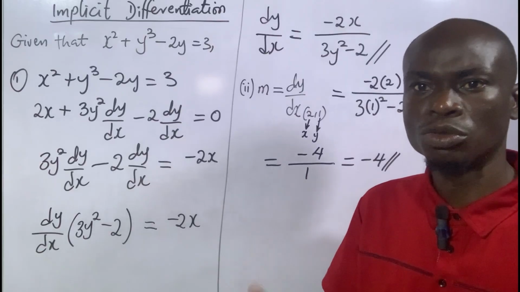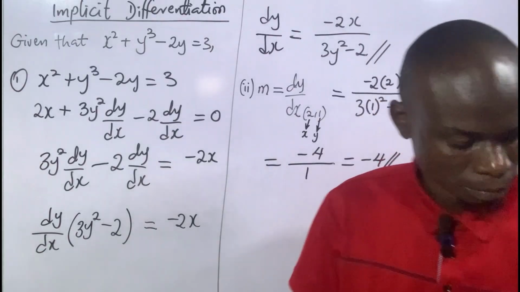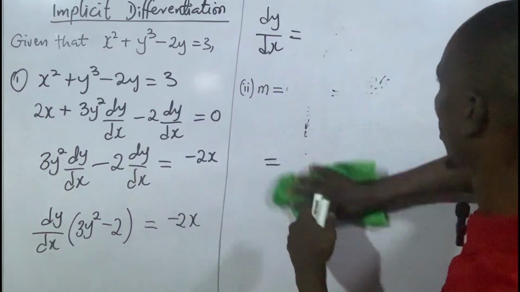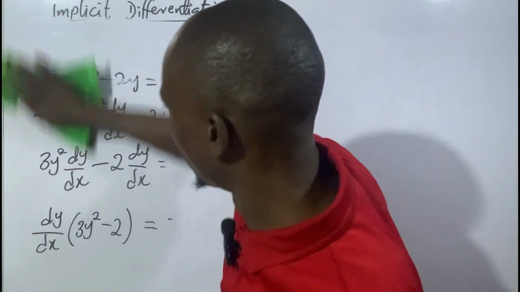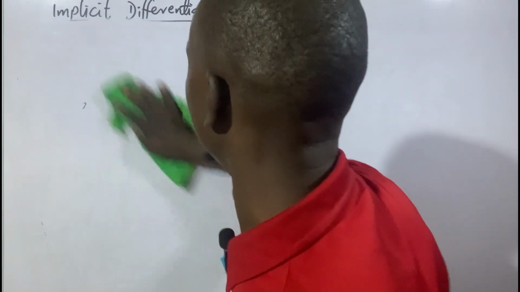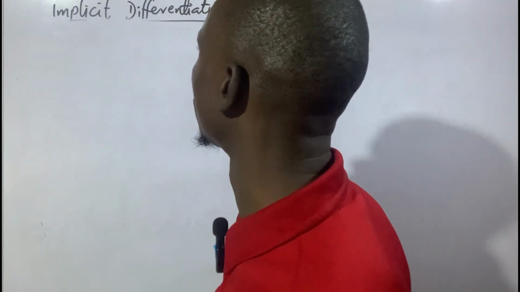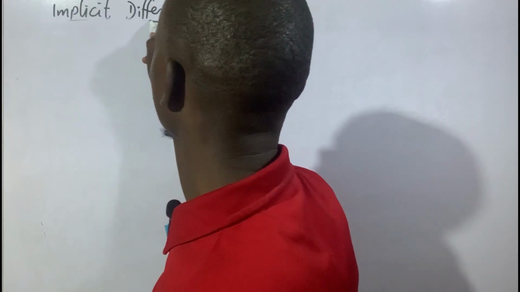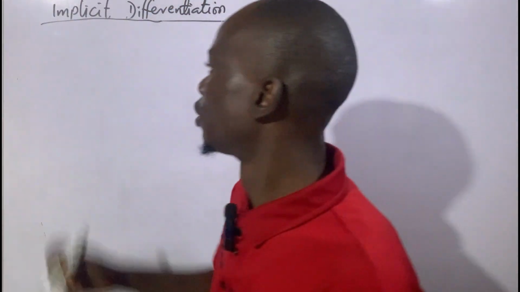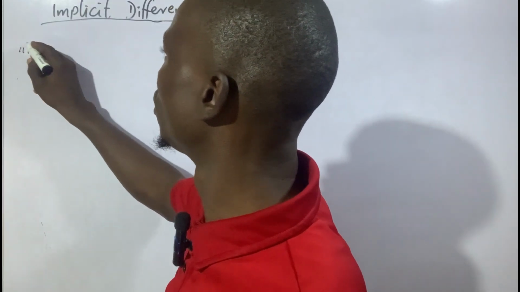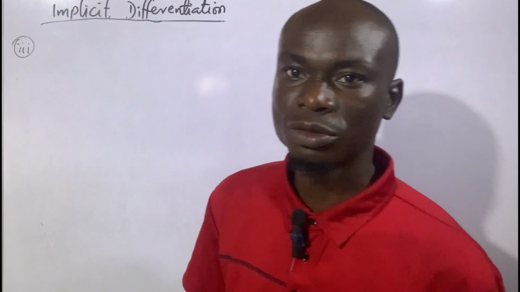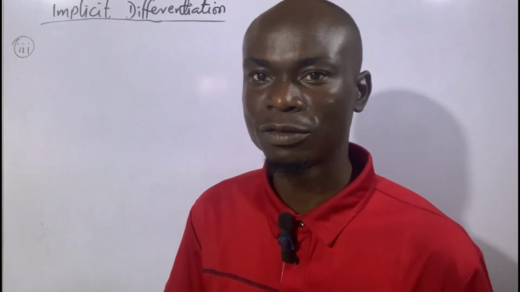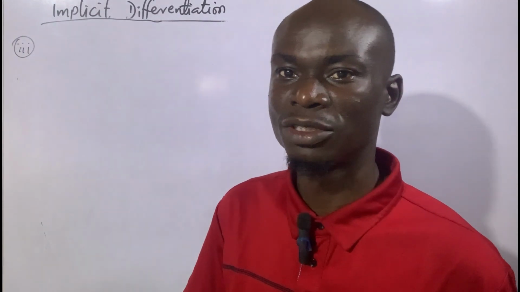Okay, so let's go to the third question. The third question says we should find the equation of the tangent line to the curve. The first was the slope of the tangent line to the curve.